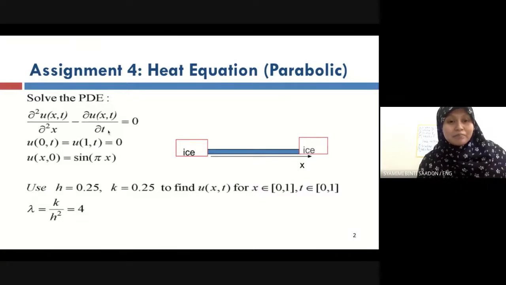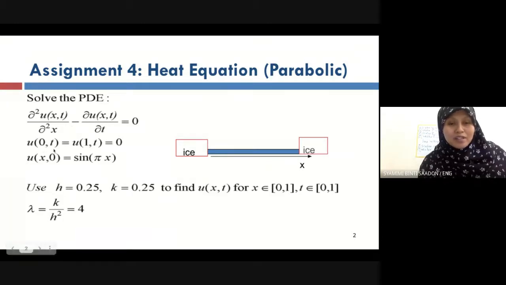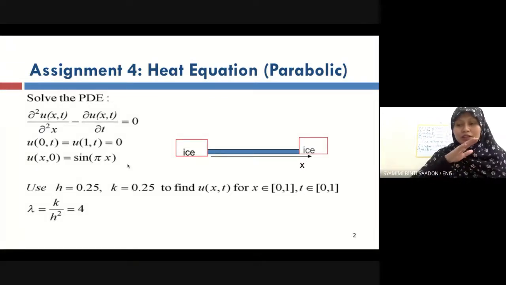So we have the parabolic equation for the heat equation, heat transfer. We have to solve this PDE of heat. We have the second-order partial derivative of u with respect to x minus the partial derivative of u with respect to t. These are the boundary conditions for u: u at 0, t equals 0, throughout the period t.